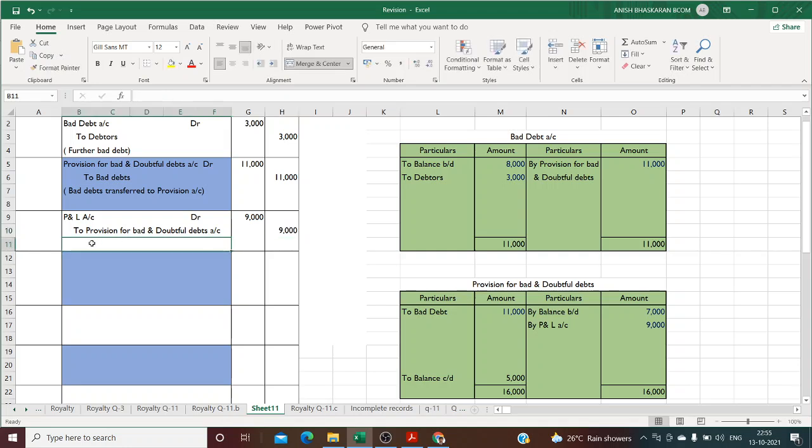Narration: the amount charged to P&L account. You can write provision amount or bad debt amount as the amount charged to P&L account.